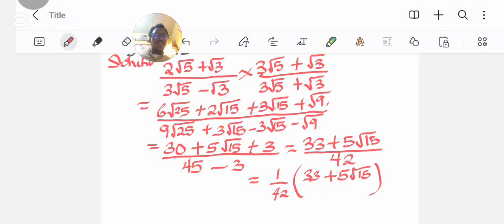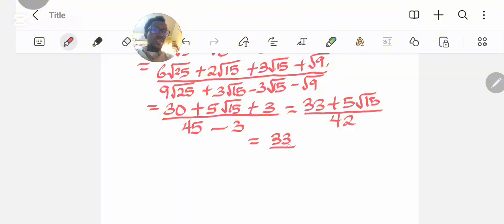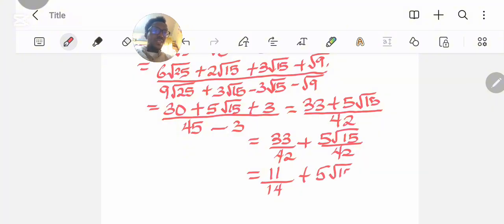So let's just split it before writing this final answer. We can say this is 33 over 42 plus 5 root 15 over 42. 3 goes here, 11. 3 in 42, that is 14, plus 5 root 15 over 42. So this is our answer to this question.